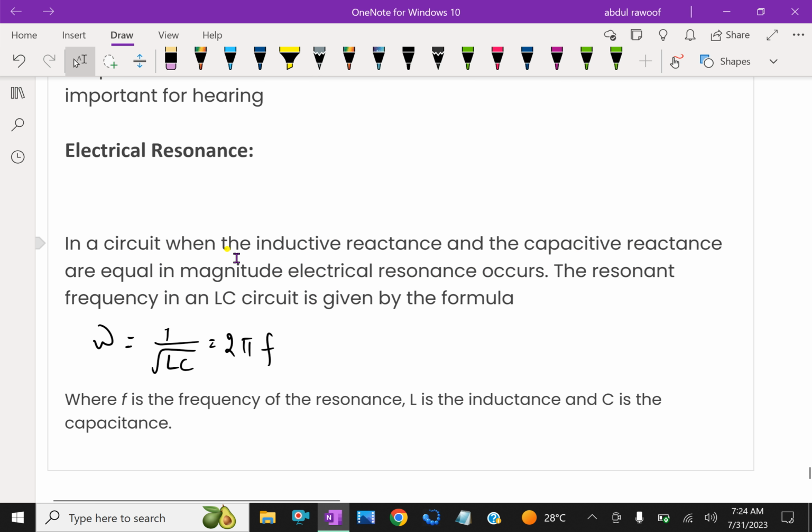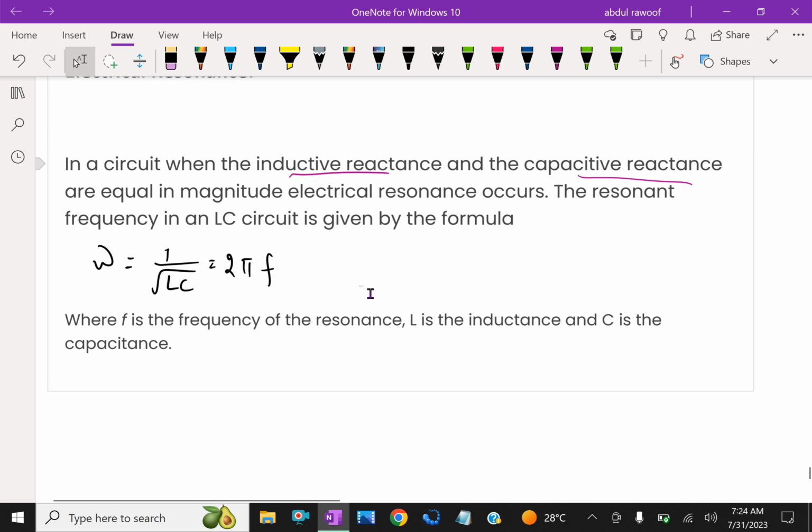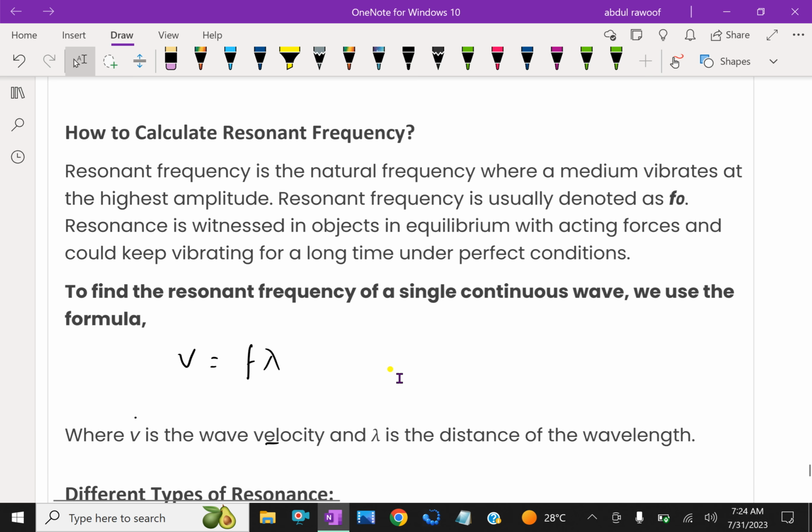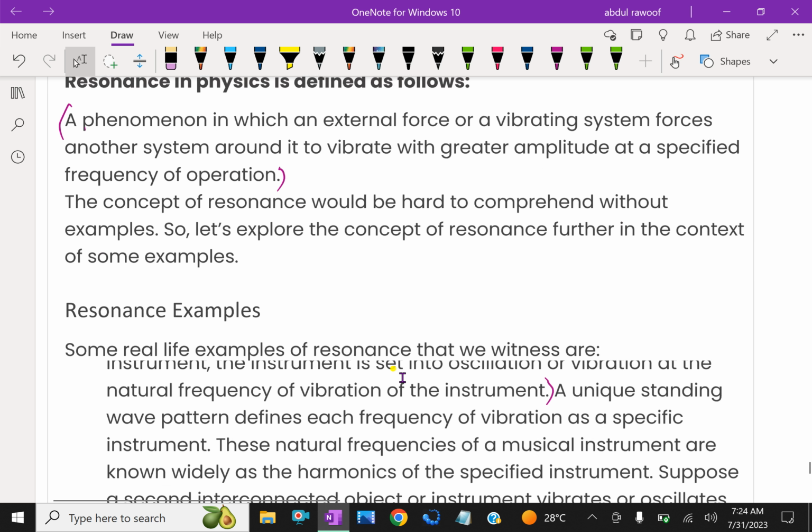The resonant frequency in an LC circuit, inductance and capacitance circuit, is given by the formula omega equals 1 by root of LC, that is equal to 2 pi f, where f is the frequency of the resonance, L is the inductance and C is the capacitance. These are some explanations regarding resonance as well as resonant frequencies.